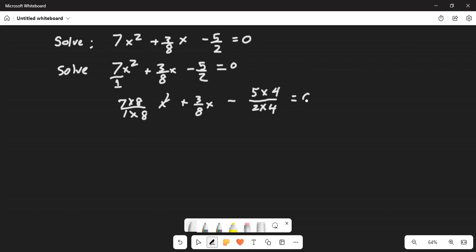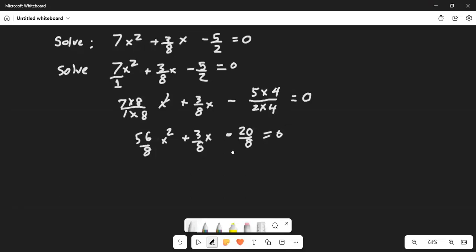So it is equal to 0. This becomes 56 over 8 x squared plus 3/8x minus 20 over 8 equal to 0.